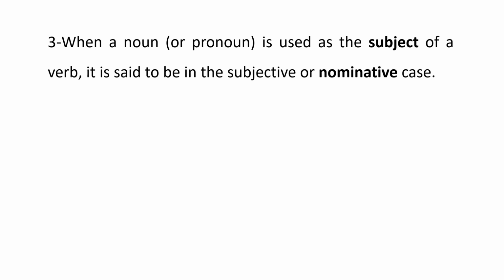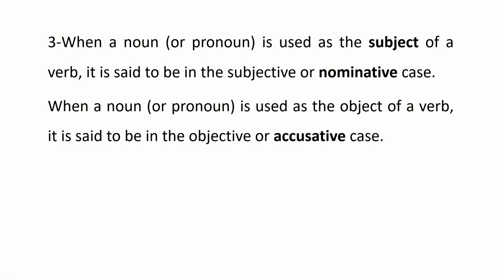When a noun or pronoun is used as the subject of a verb, it is said to be in the subjective or nominative case. When a noun or pronoun is used as the object of a verb, it is said to be in the accusative case. For example, the horse kicked the boy.